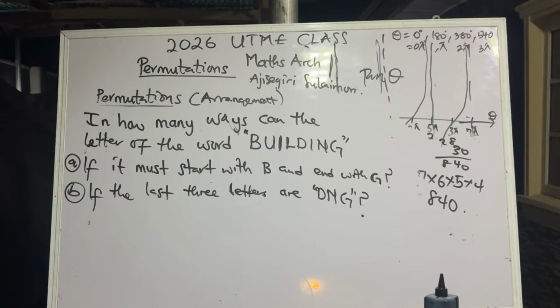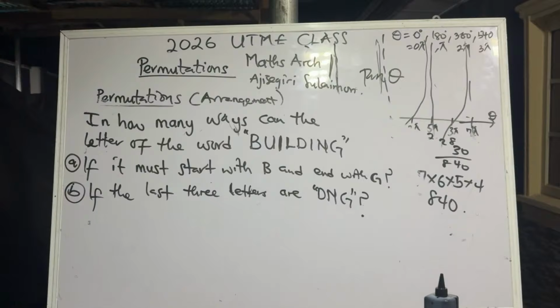If Femi said 360, you mean the first one, right? Okay, very good. If it is the first one, that's correct, because we have just U, I, L, D, I, and N to be arranged. And that's 6 letters. That will be 6 factorial, all over, yes, we have I to be repeated.